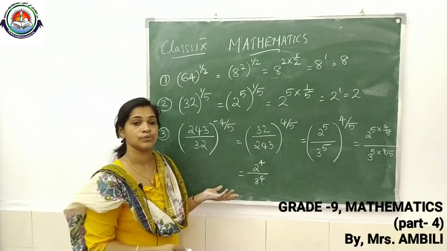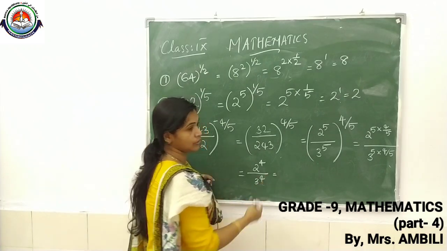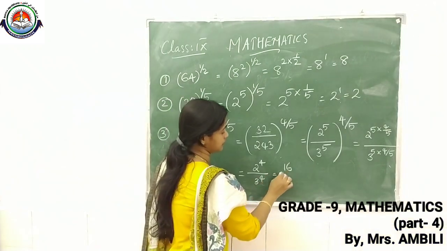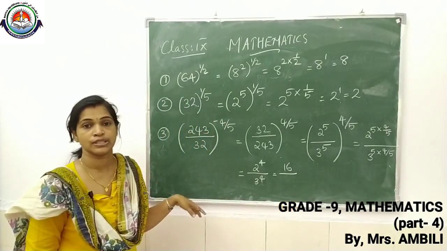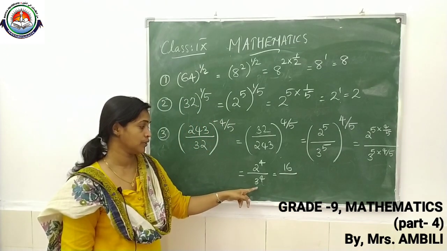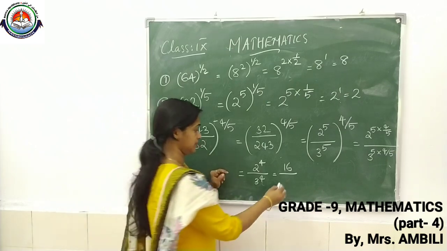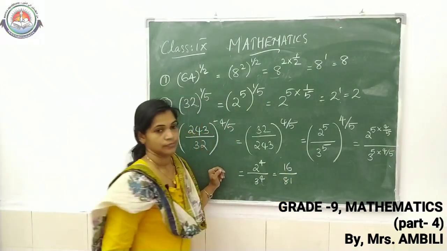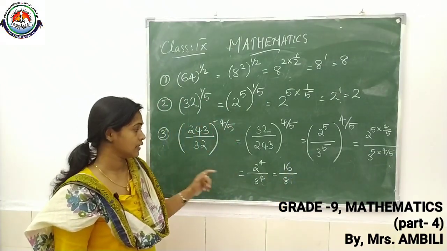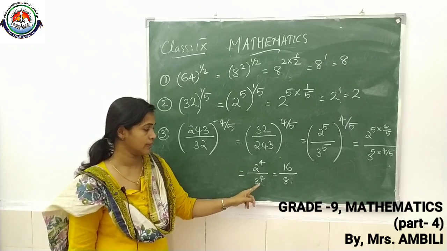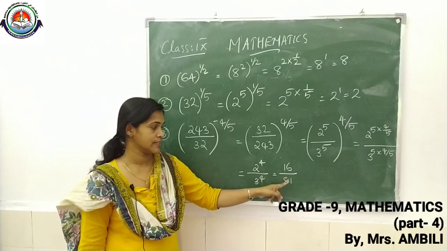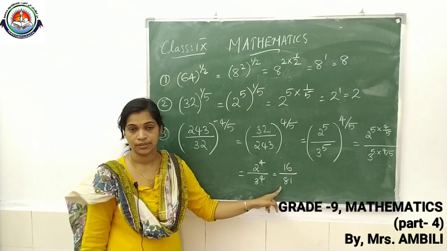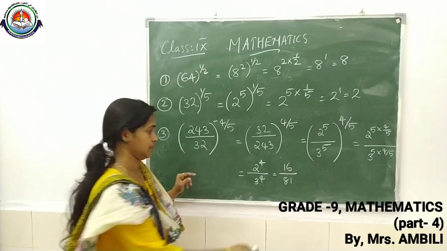Then what is 2 raised to 4? 16. Divided by what is 3 raised to 4? 3 into 3 into 3 into 3, 81. So what is our answer? 2 raised to 4 divided by 3 raised to 4 equals 16 by 81. Clear? Understood? Okay.